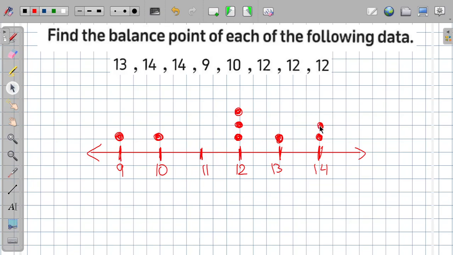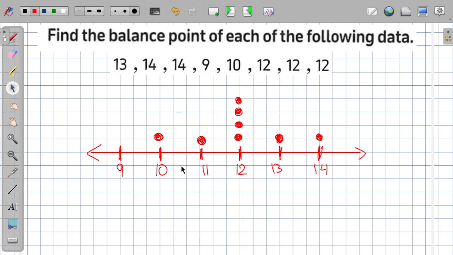So first, let's move this point here. So I did one move here. I will do one move again. Okay, next I will move this point right here to 11 and this point right here to 12.